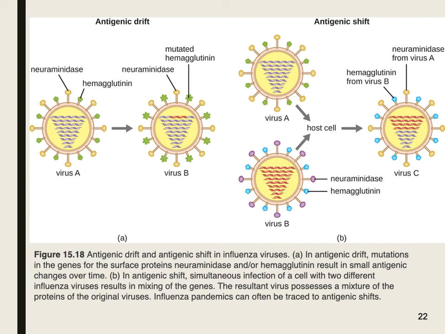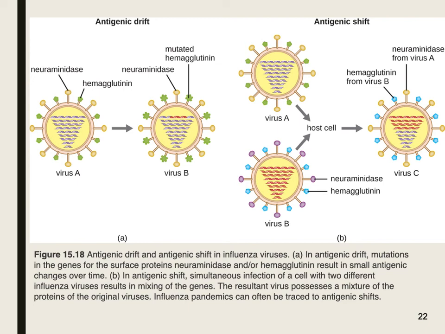And so you can see here how we have these two different viruses, virus A and virus B. They have hemagglutinin and neuraminidase, but these are unique for each of these viruses. But then we end up with virus C that has hemagglutinin from virus B and neuraminidase from virus A. So again, this is a new virus, so it's a major shift.